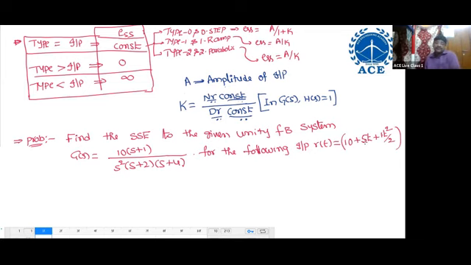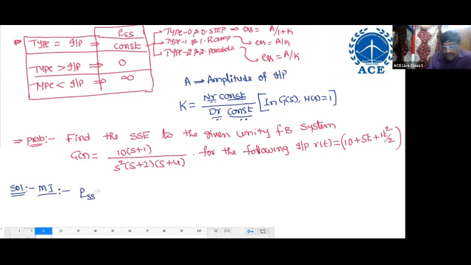Come on, do it. First I'll solve by the standard method, next we'll go by shortcut. So that is method 1.